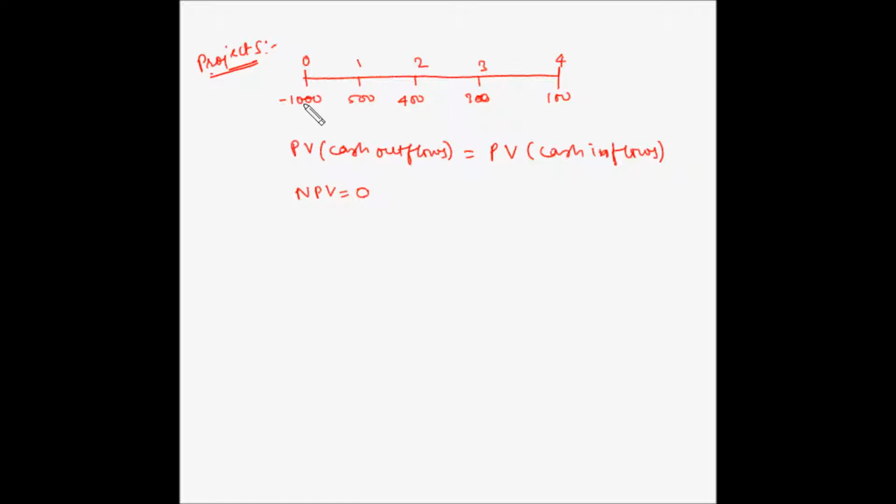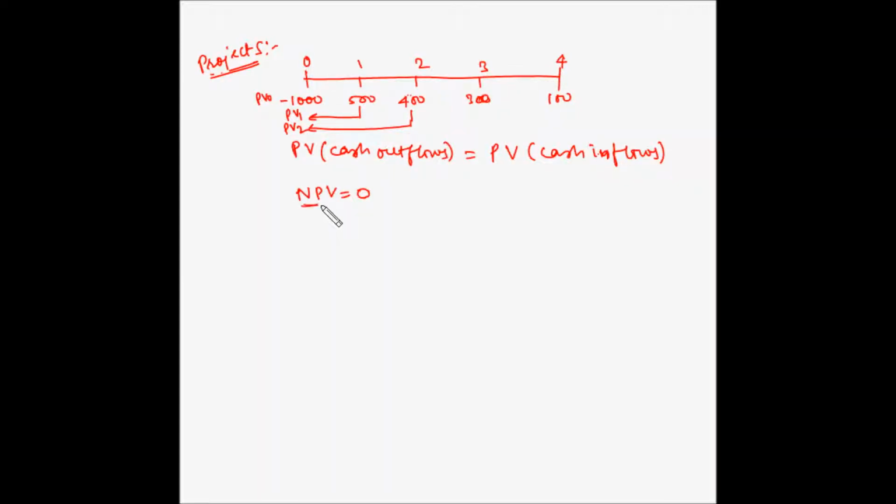So let's say the present value of the initial investment is represented as PV0. The present value of the first cash inflow is PV1. The present value of the second cash inflow is PV2. For third it is PV3, and the fourth it is PV4.